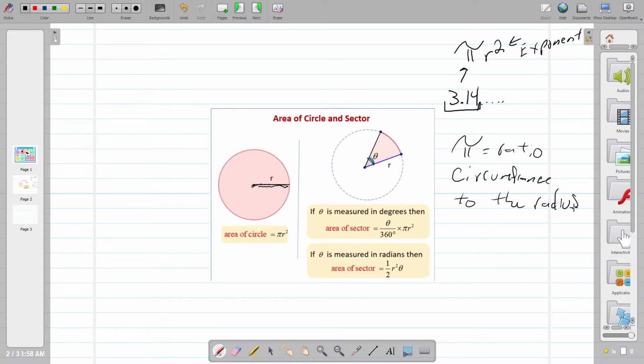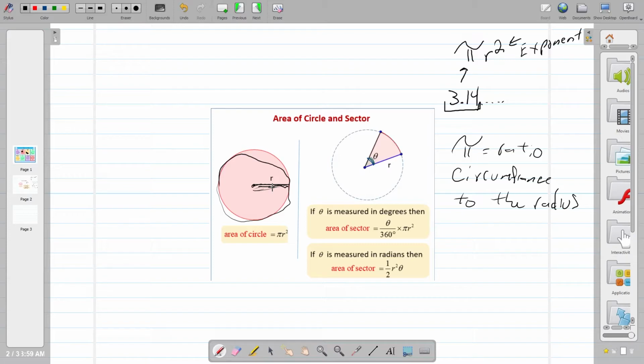Just like boys to girls in the class, or any other ratio you can think of. People born in June versus people born the rest of the year. This is just the ratio of the measure of the circumference to the measure of the radius.